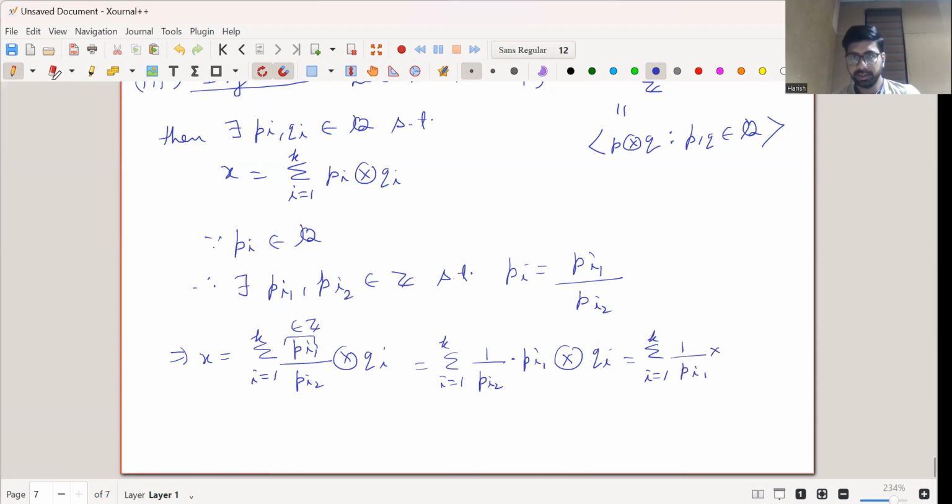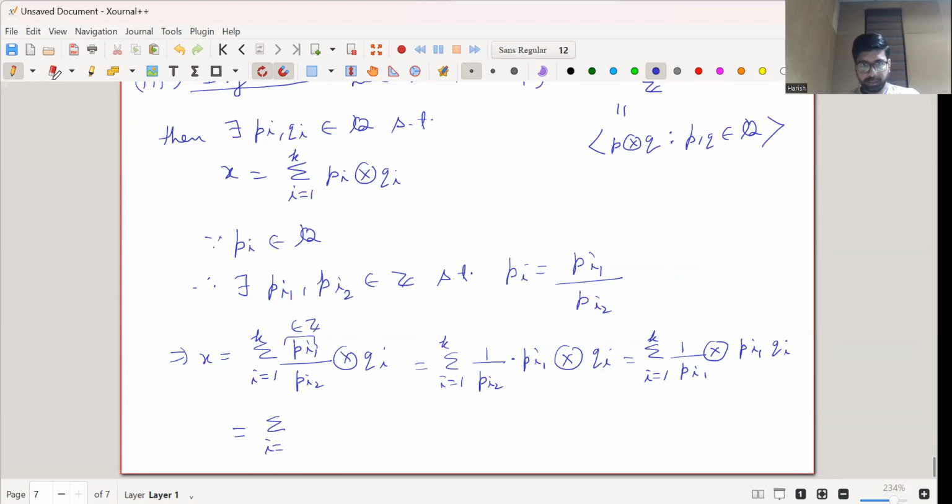This is summation i equal to 1 to k of 1 upon p_i2 tensor p_i1 q_i. Okay. Now still this 1 upon p_i2 is there. We want to get rid of this also. So how can we do that? Again you do one trick.